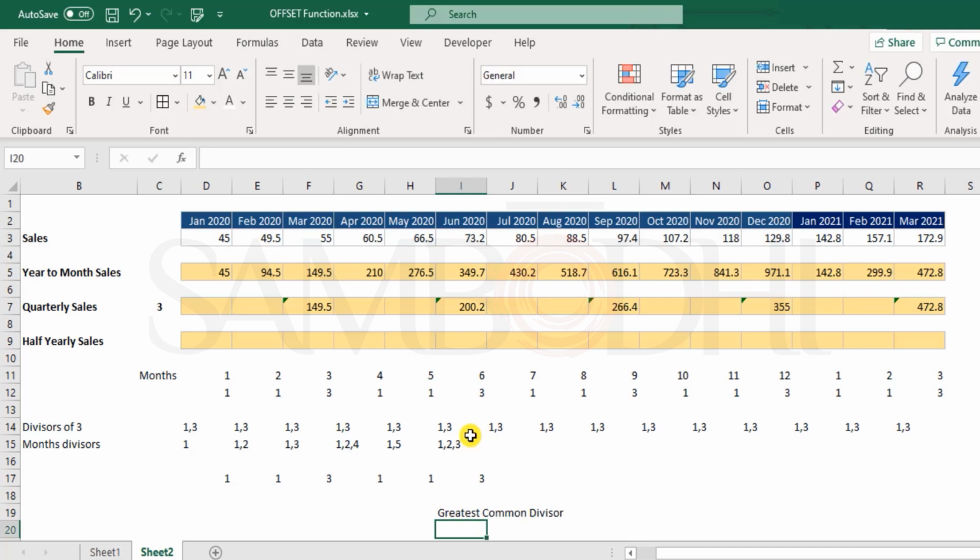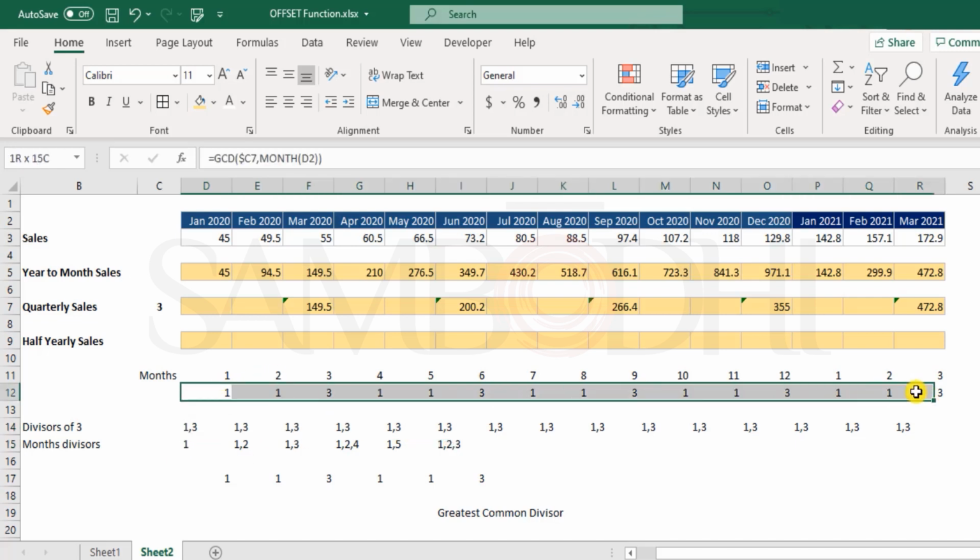So all these are divisors, and amongst them the greatest is number 3 in this list. That's number 6 for June and number 3. But the greatest of the lot is number 3. Hence, 3 is the answer. So when we applied the GCD function over here, it just took the greatest of the common divisors, and we have this result here.